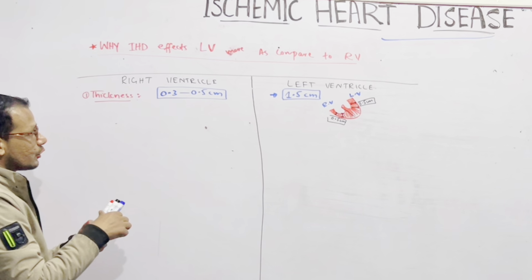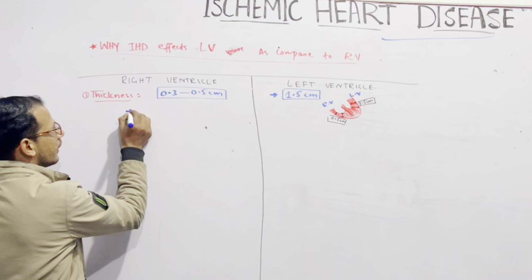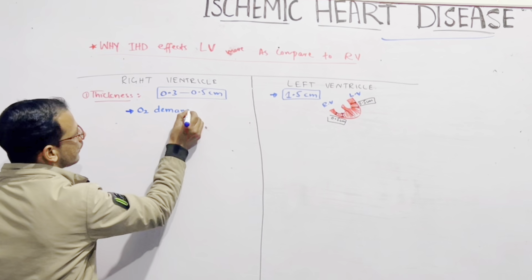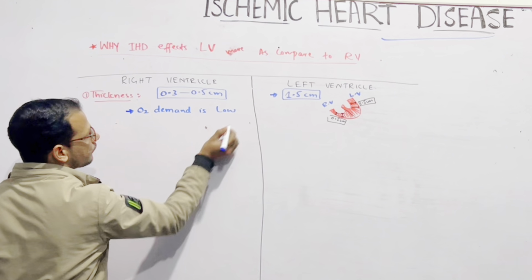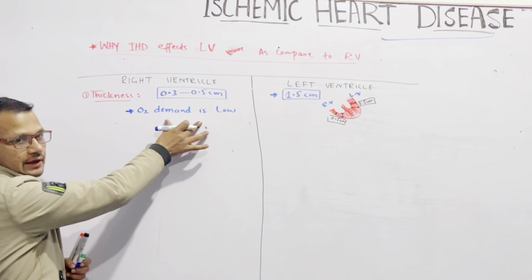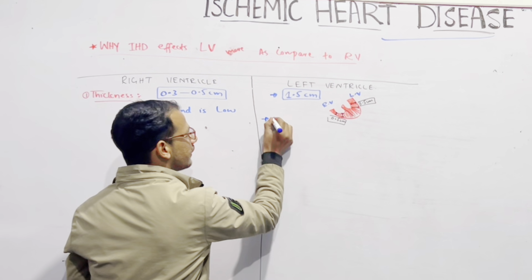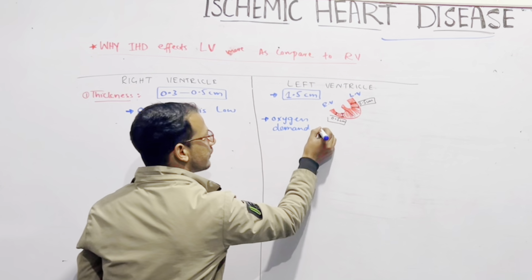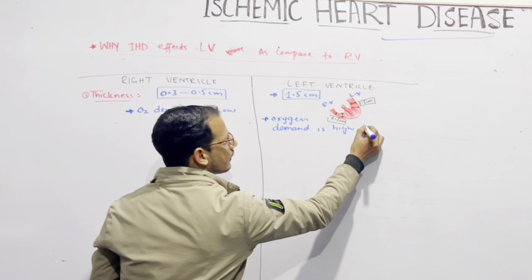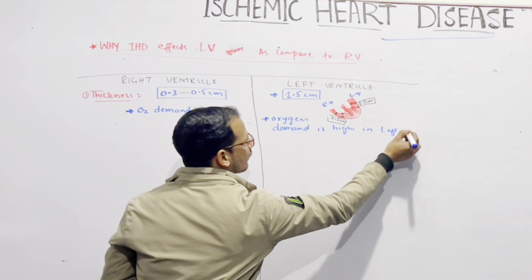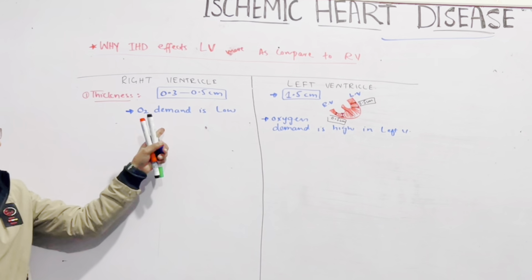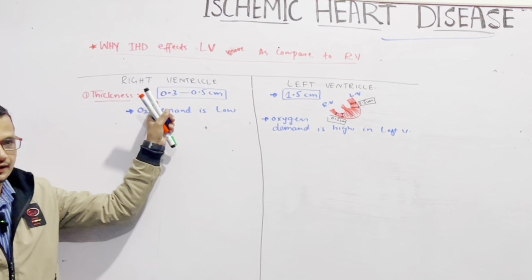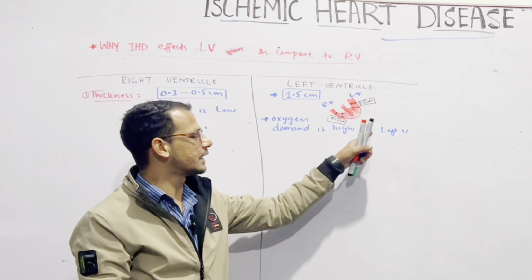So the second point is oxygen demand. Oxygen demand is low on the right side, and oxygen demand is high in the left ventricle. Due to this thickness, oxygen demand is low in the right ventricle and high in the left ventricle.